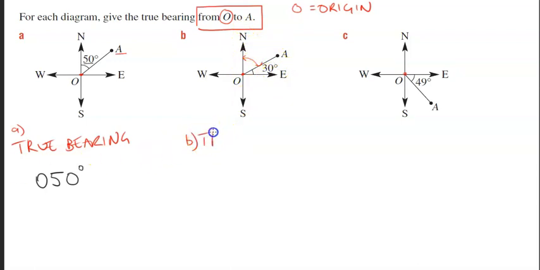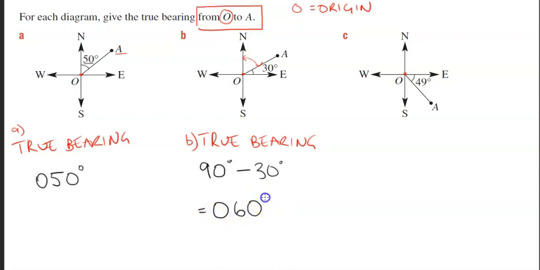So the true bearing from O to A is going to be equal to the difference of 90 degrees and 30 degrees, because that's going to give us that missing part in here. So this will be equal to 0, 6, 0 with the degree symbol. So there is 60 degrees. So our answer is 0, 6, 0.